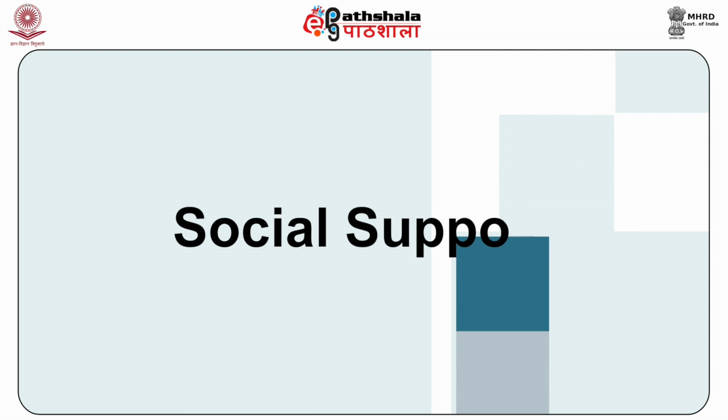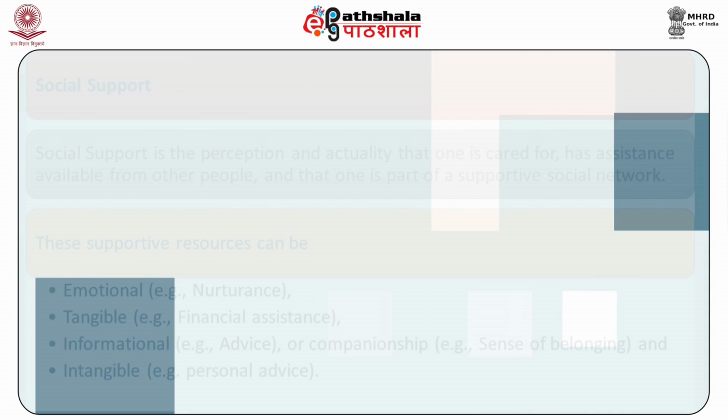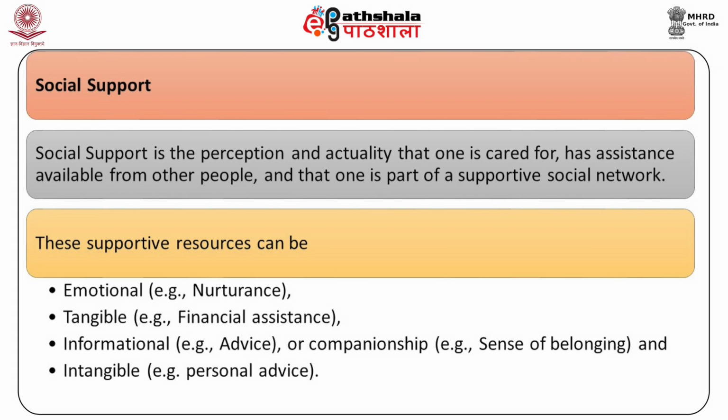Let me begin by talking about social support. Social support is the perception and actuality that one is cared for, has assistance available from other people, and that one is part of a supportive social network.